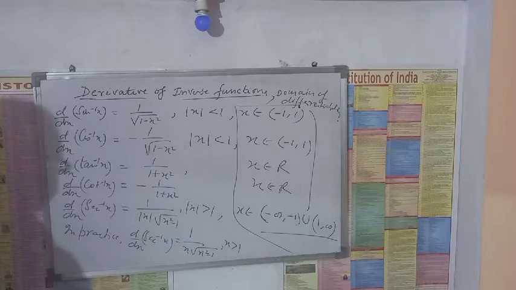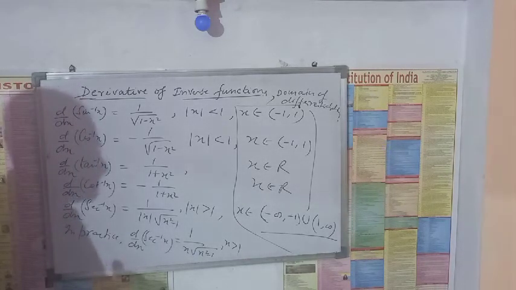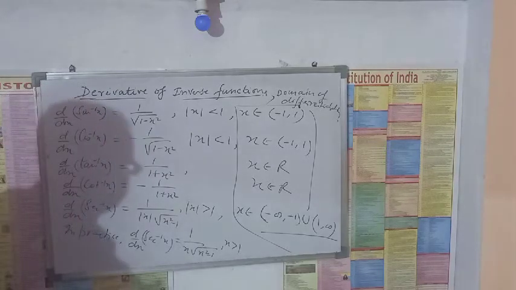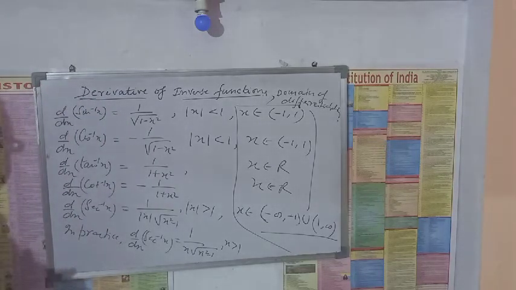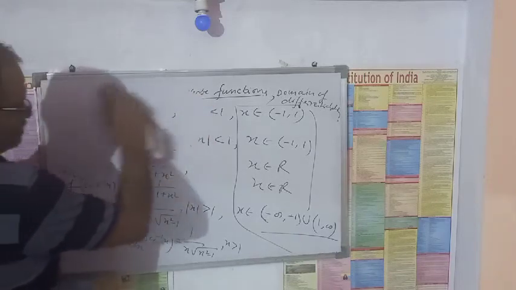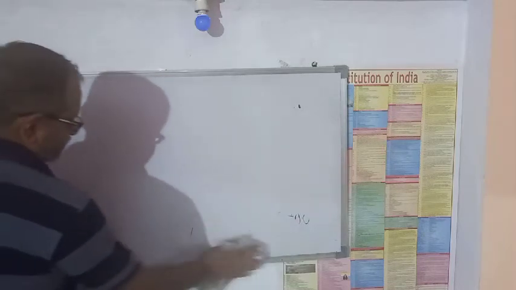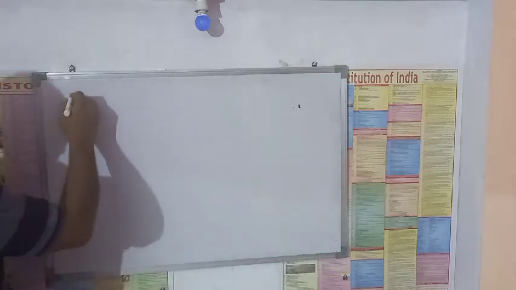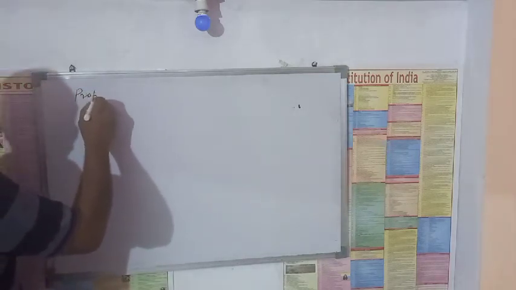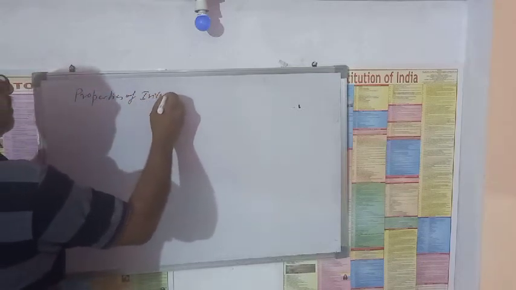So before starting the problems, firstly we have to understand some properties of inverse functions. We have to apply the properties to differentiate the inverse function. So see the properties of inverse functions.